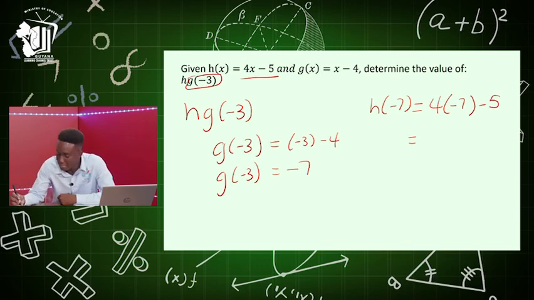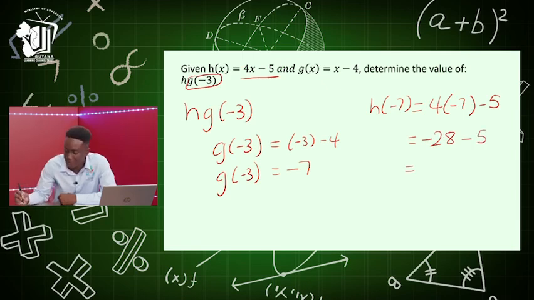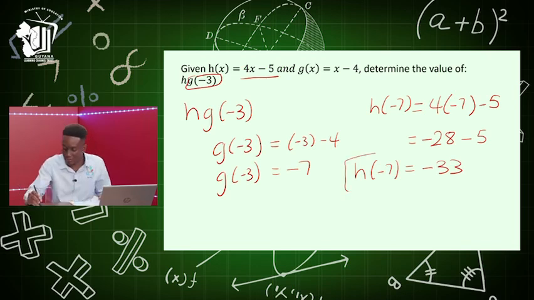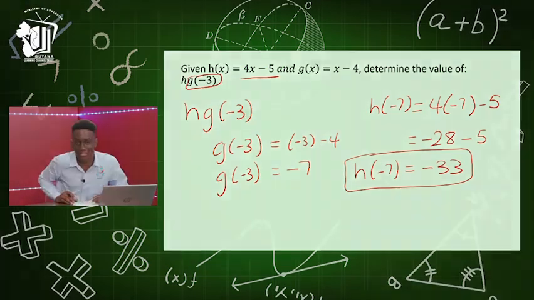So 4 times negative 7 would give me negative 28, subtract 5. Negative 28 subtract 5 would give me negative 33. So h of negative 7 is equal to negative 33. And that is the value of hg of negative 3.